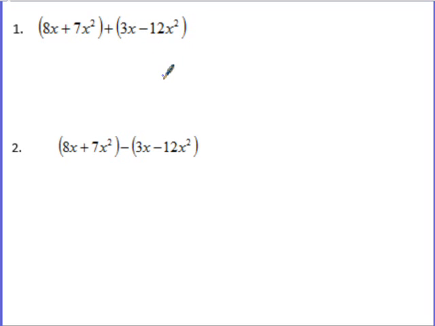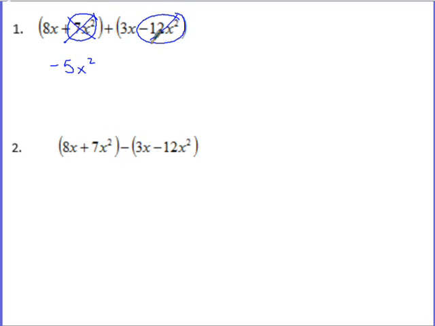I want you to get in the habit of writing your answers in standard form, which means that when we add these, I'm going to do the highest variable first. So here are my 2 terms that I can combine, 7x squared and negative 12x squared. Alright, so 7 minus 12 would give me negative 5x squared.